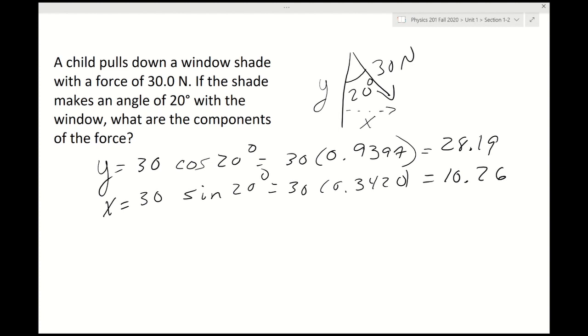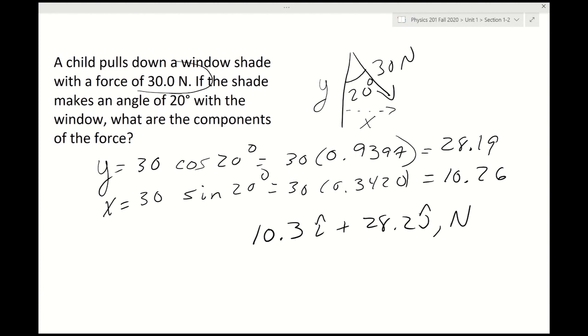10.26. Now again, we're not going to pay any attention to the digits in the angle, but we are going to look at our others. So this is 3 significant digits. So when we're writing this, we're going to have approximately 10.3i plus 28.2j newtons.